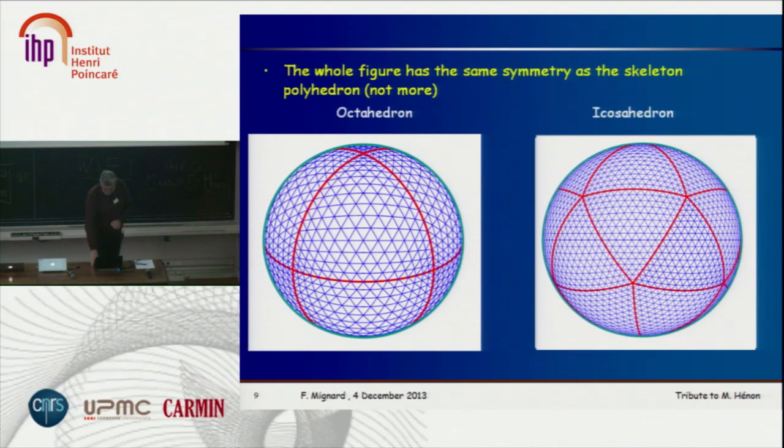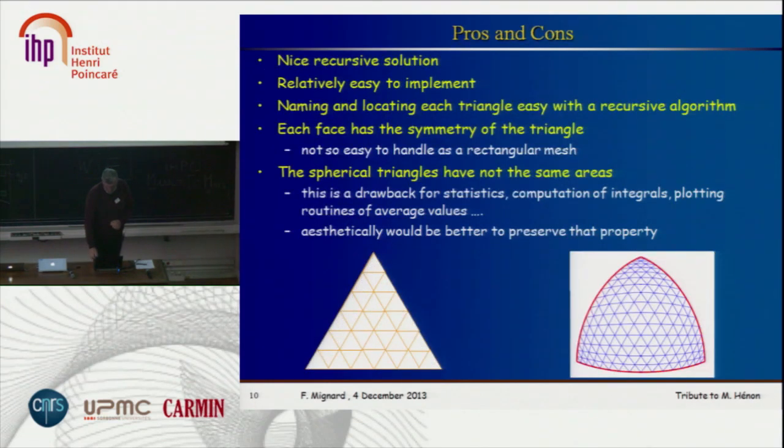So this is a nice recursive solution, obviously, relatively easy to implement. When you know it, it's easy. When you start, it's not so easy. Naming and locating each triangle with a number, in base 4 and so on, is also quite easy and very practical to handle.